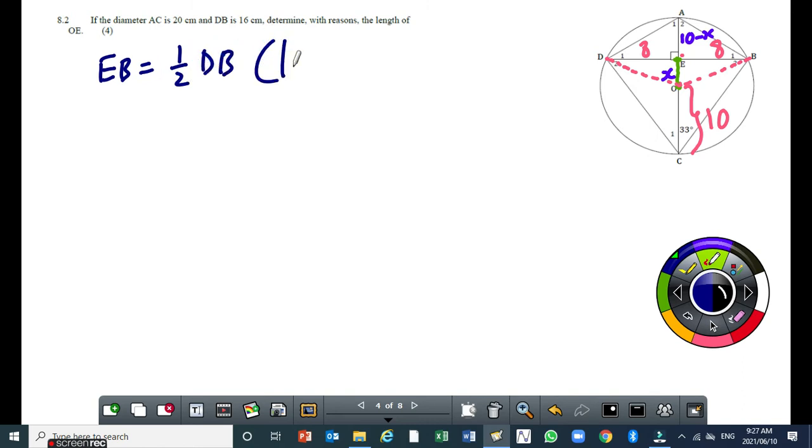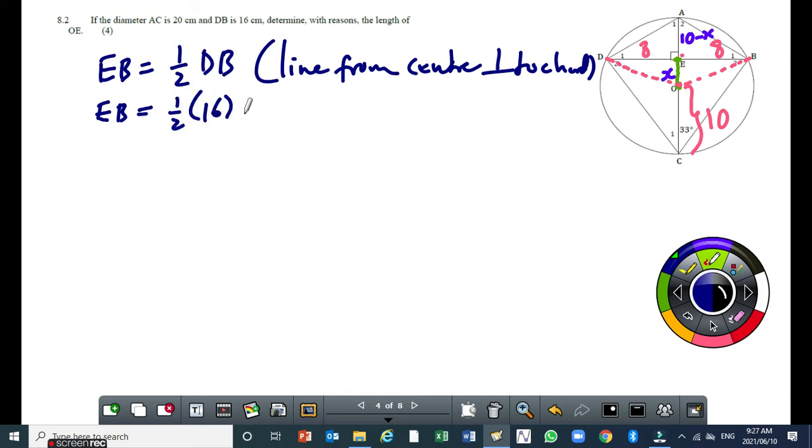My reason: line from center perpendicular to chord. Then EB will be equal to half times 16, which is 8. Because we are not told that EB is 8, we have to use DB to prove why EB is going to be equal to 8.